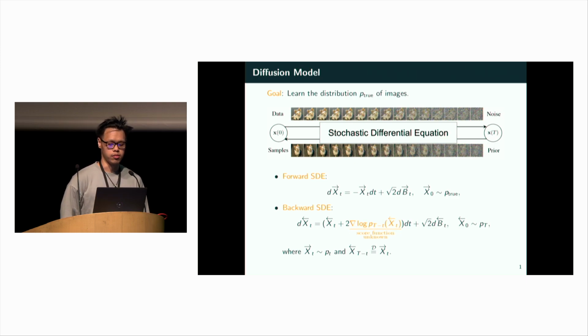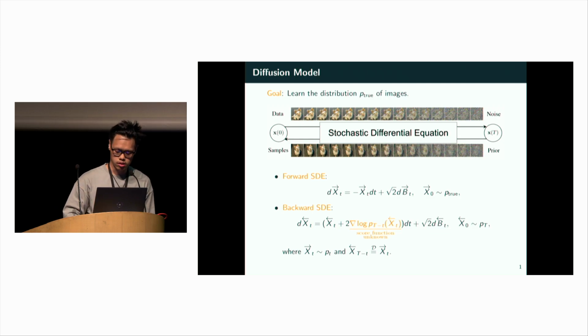We can reverse the forward SDE, which is written here, by the backward SDE, and the forward SDE is just gradually adding noise to images. But we cannot just reverse it out of nowhere. The magic comes from this unknown score function, which depends on the data distribution p-true.